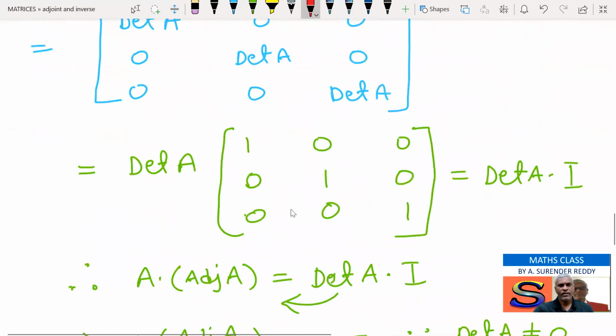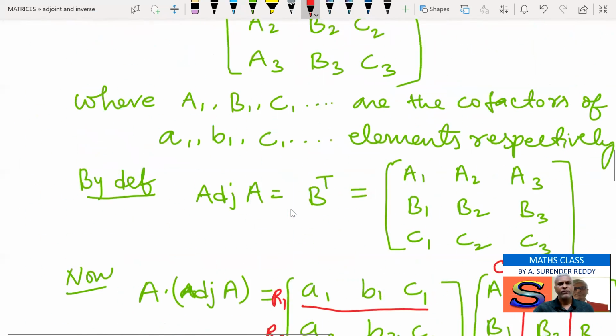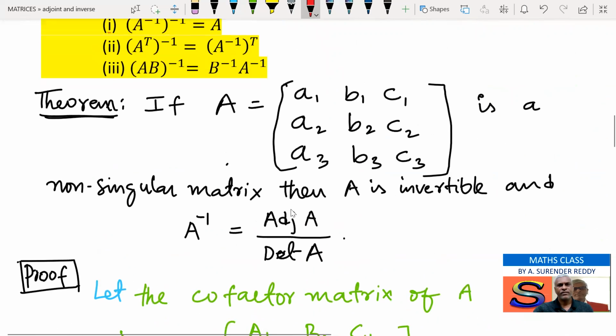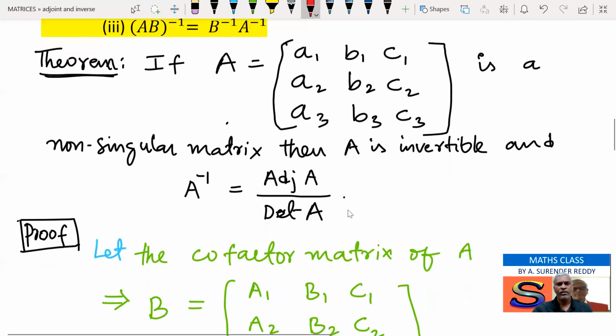Look at this once again. The theorem: if A is a 3 by 3 non-singular matrix, then show that A is invertible and A inverse is equal to adjoint A by det A. So this is how we prove.